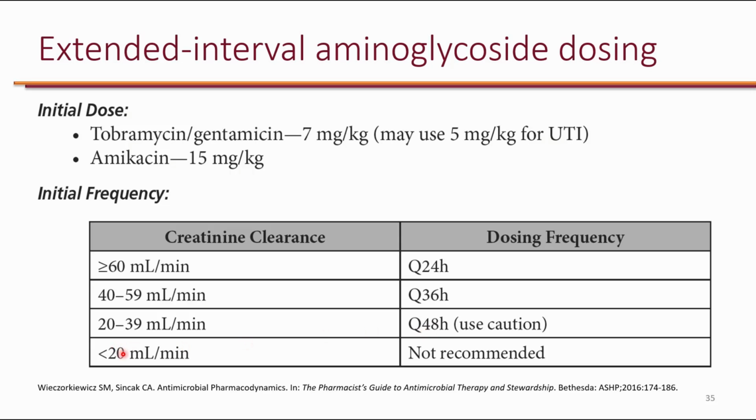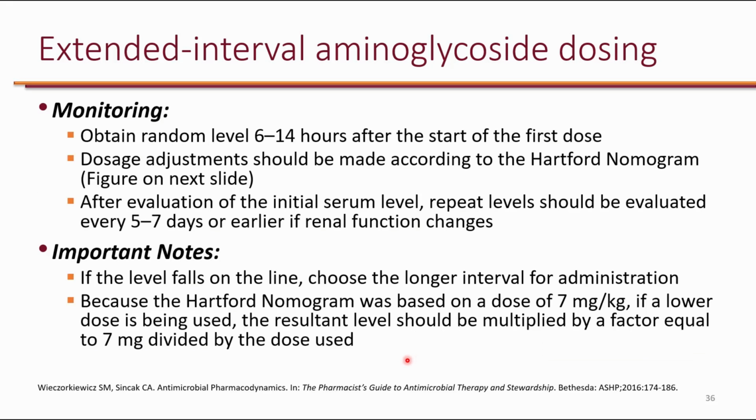And of course for creatinine clearance less than 20, this nomogram is not recommended. The way that you would monitor is that you get a random level. Instead of a peak and a trough, you get a random level between 6 to 14 hours after the start of the first dose, and then you adjust the dose based on that level.